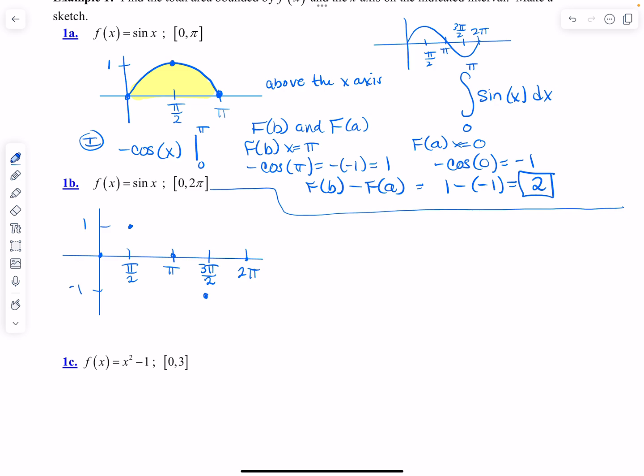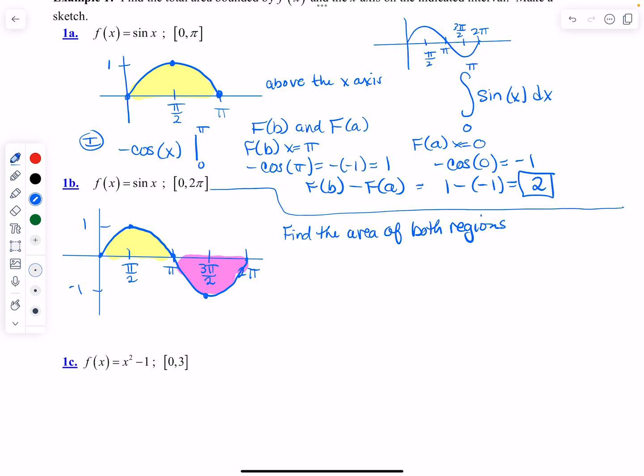When you draw it, you can see there are 2 areas: area 1, which we just found, and area 2, which is below the x-axis. So we're going to find the area of both regions.